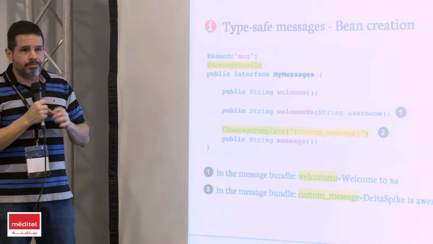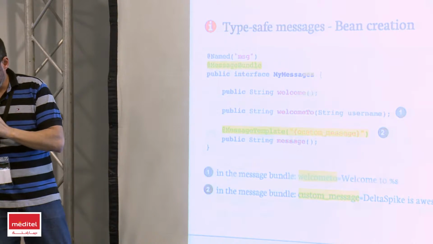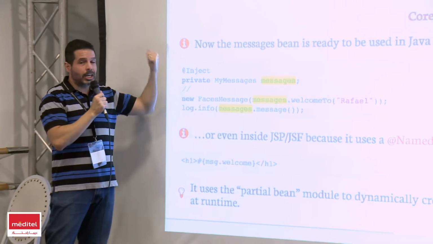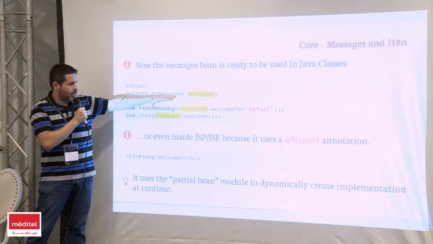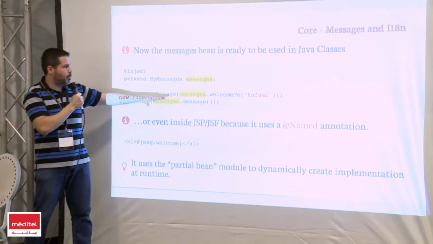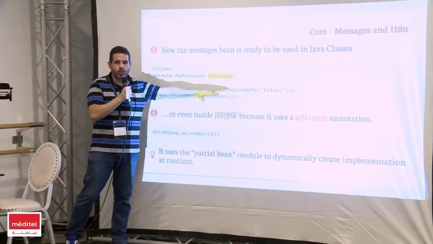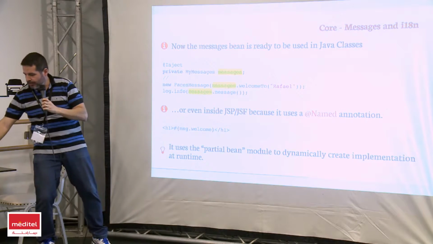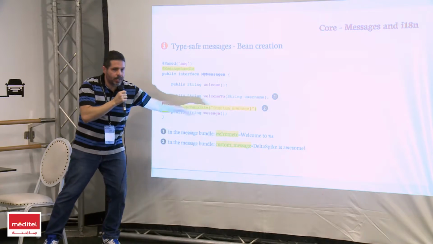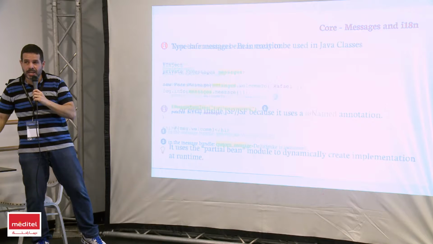So, how do I use that? Look here. I get that interface, inject it, and when I call, for example, message.welcomeTo Rafael, it will return the translation here: Welcome to Rafael. Very type safe.